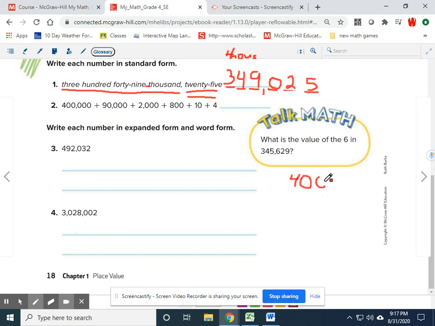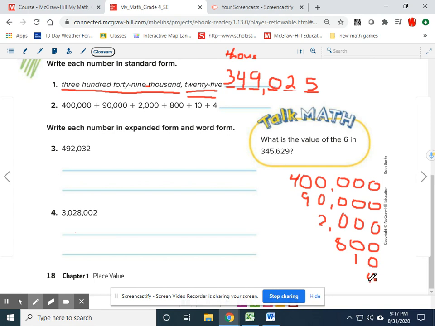So I would write 400,000, and then below I want to line up my commas. So it'd be 90,000, and then I would have 2,000. Now I don't have a comma in the next one, so I just go over one spot. 800, and then I have 10, and then I have 4.